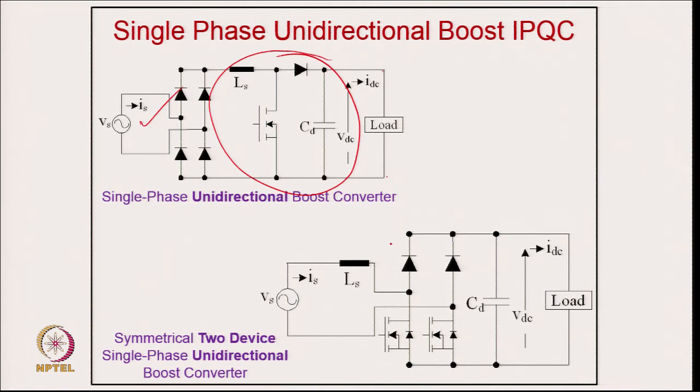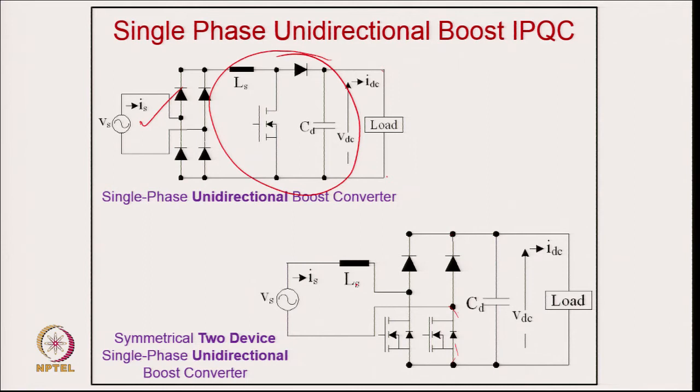You are switching here, so the inductor will store the energy, and when you switch off this, the current will flow through this capacitor here and go back through this diode. In the negative half cycle, this will operate, this will short your inductor, and once you open it, the power flow current will be through this.